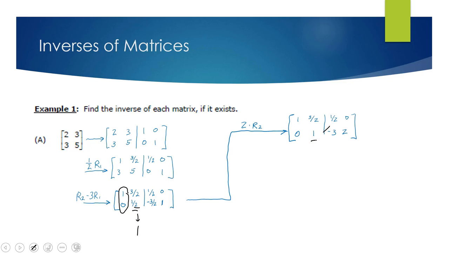And then negative 3 halves times 2, I get negative 3, and 1 times 2, I get 2. The last thing I have to do now is get this to be a 0. So I'm going to take row 1 and subtract away 3 halves times row 2.